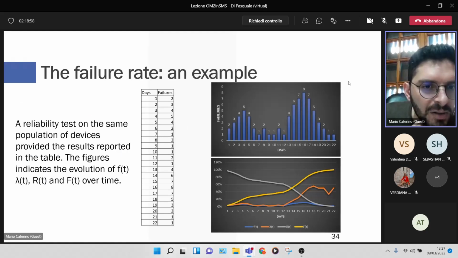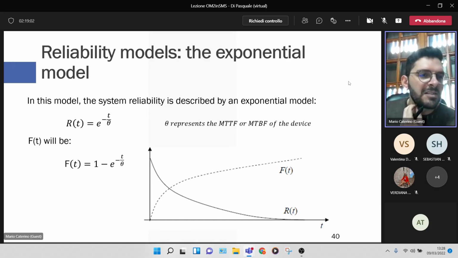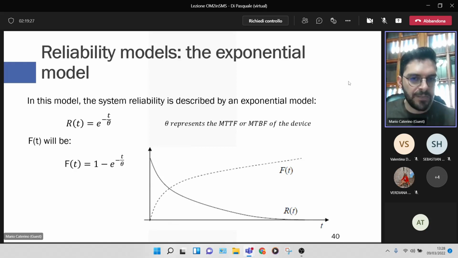This is referred to another thing that we will see in the next lecture, but you can see that reliability and unreliability have two opposite tendencies. Reliability is a non-increasing function, while unreliability is a never-decreasing function. So it always increases.